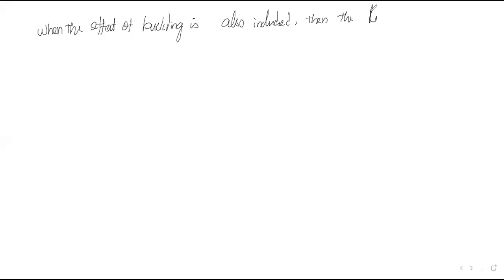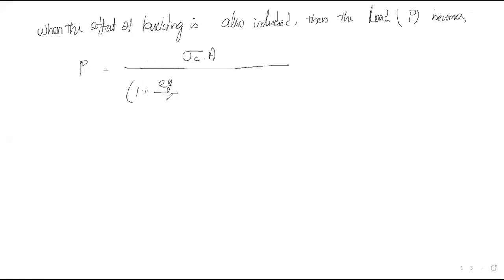So here, when the effect of buckling is also included, then the load P becomes P is equal to sigma C into A divided by 1 plus E into Y by k square into 1 plus alpha into LE by k the whole square.